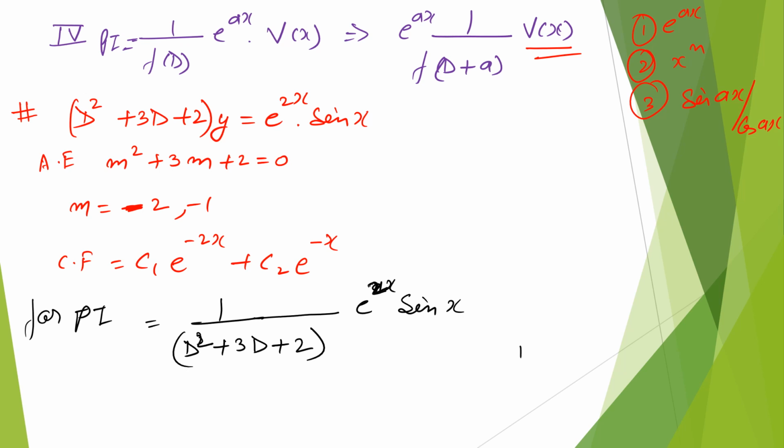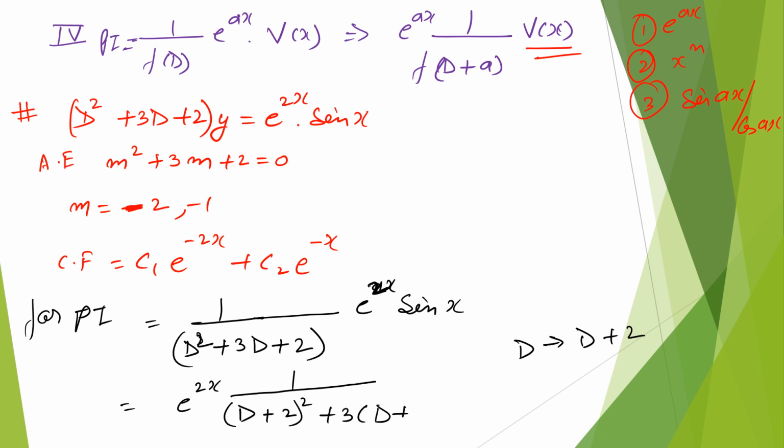We have to replace d with d plus 2. That means e to the power 2x, 1 over d plus 2 whole square plus 3 into d plus 2 plus 2 into sine of x.